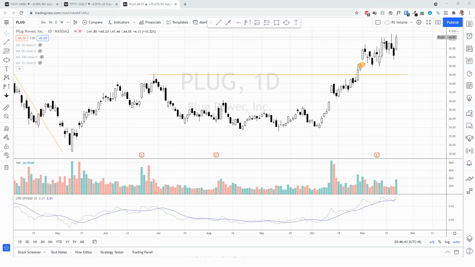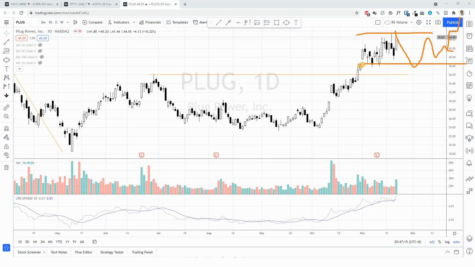We can probably wait for maybe a close above. Let's just take this as a pivot point, relying on the high of this bar with a stop probably just below the swing low. That could be a trade. Otherwise, if you take a slightly longer point of view, you might want to place your stop just below the structure, because sometimes it could have a deeper pullback or a complex type of range before you go up.